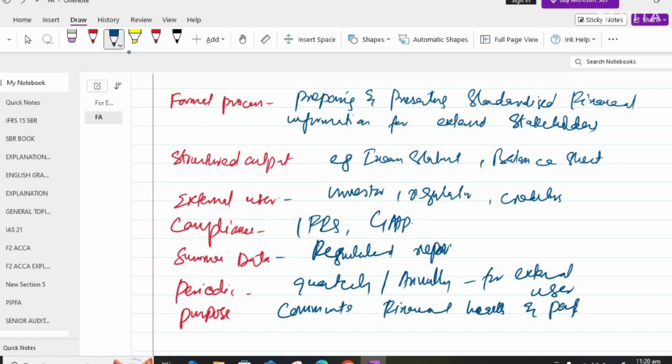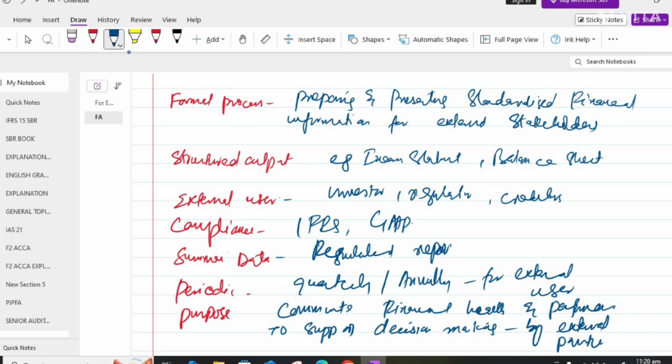Because we need to support decision making by external parties. When the external party wants to take a decision, financial reporting is very important. If we communicate the business's financial health and performance with those stakeholders, then they will take a wise decision whether they have to invest or not in the company. So this one we have done, and the next concept is cost accounting.